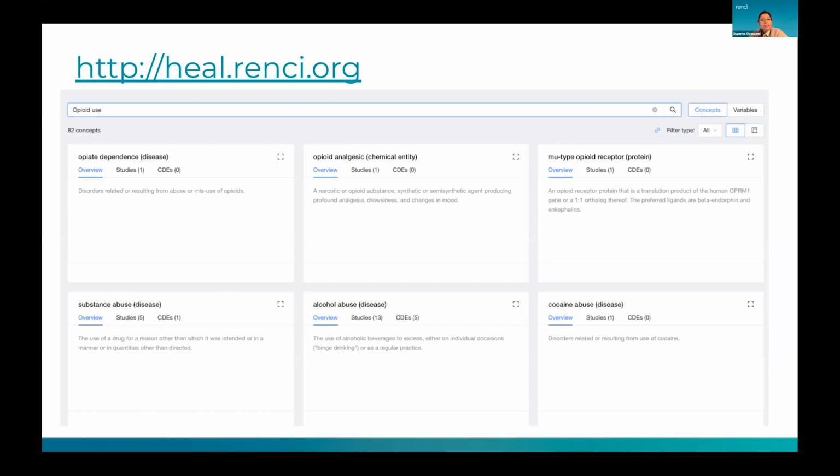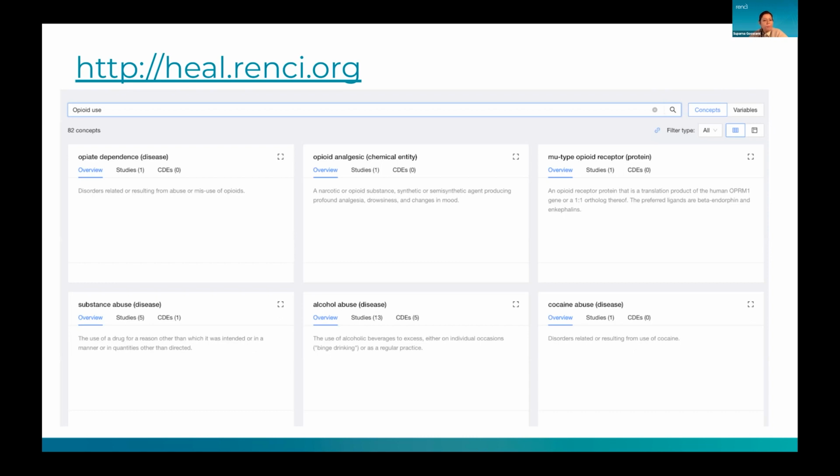Yeah, so this is an example of what DUG or the HEAL semantic search engine looks like. For example, if you search for opioid use, you will get many concepts that DUG was able to identify as related to opioid use.